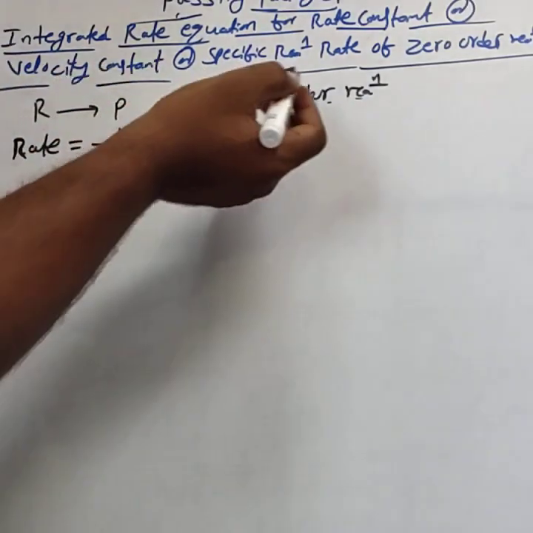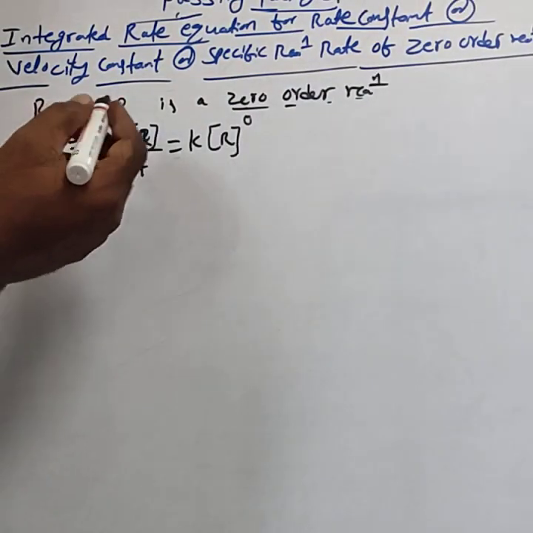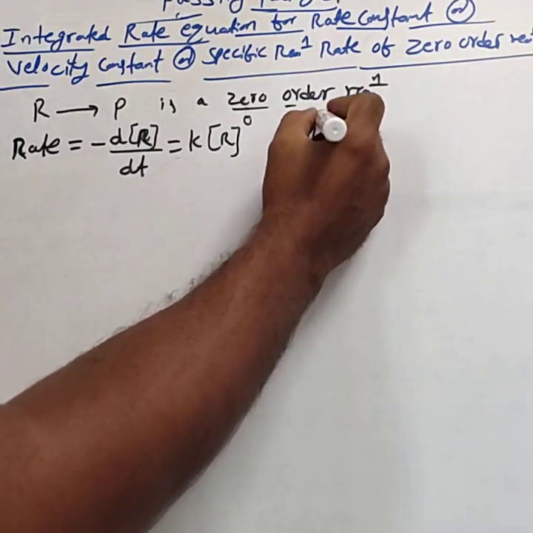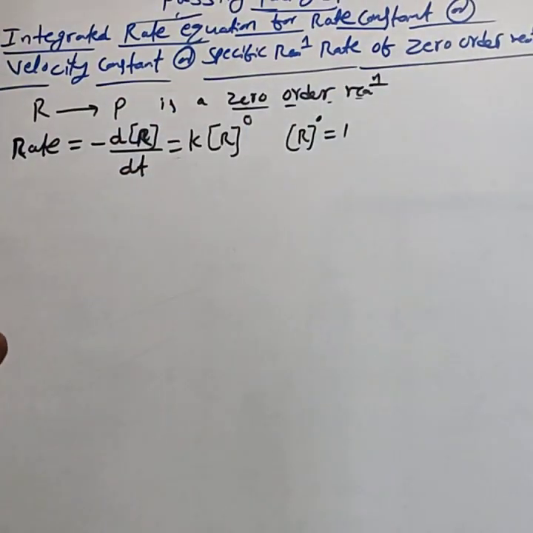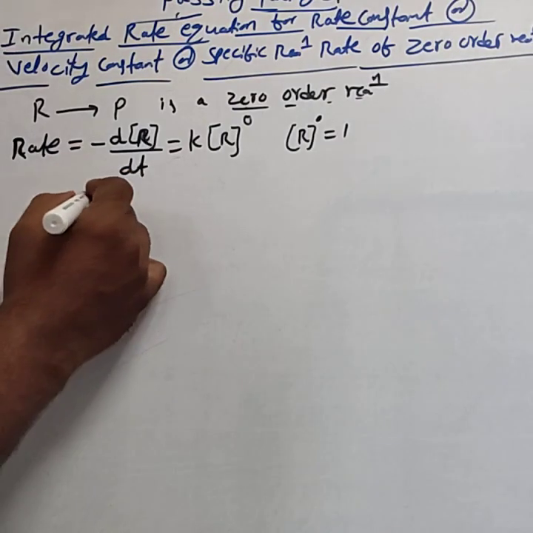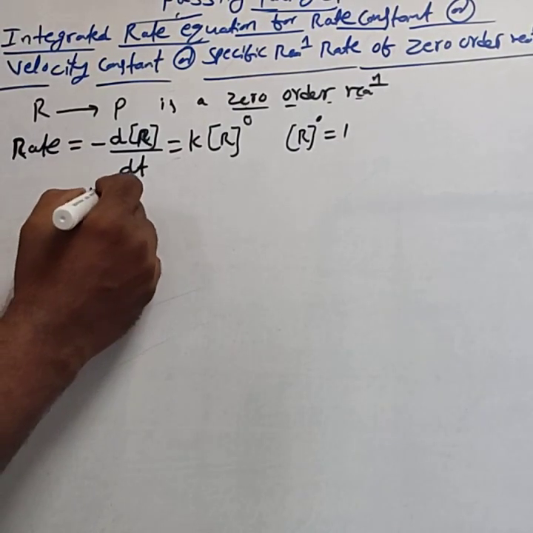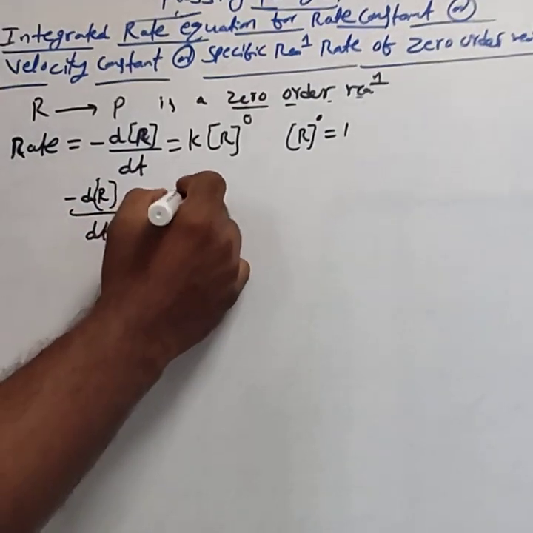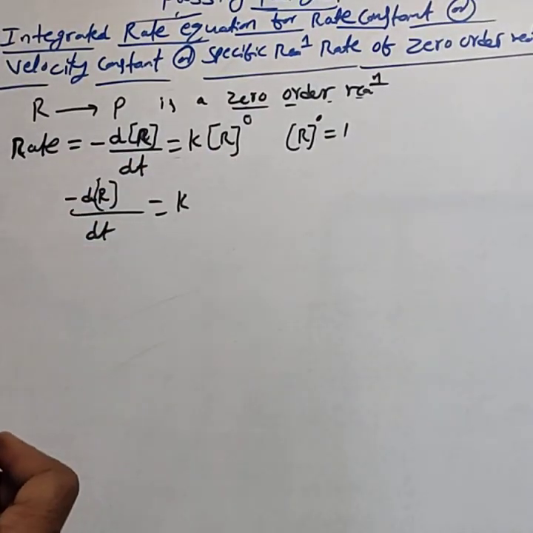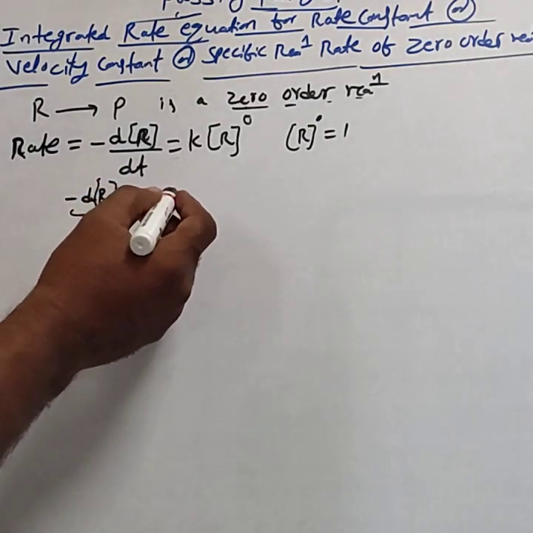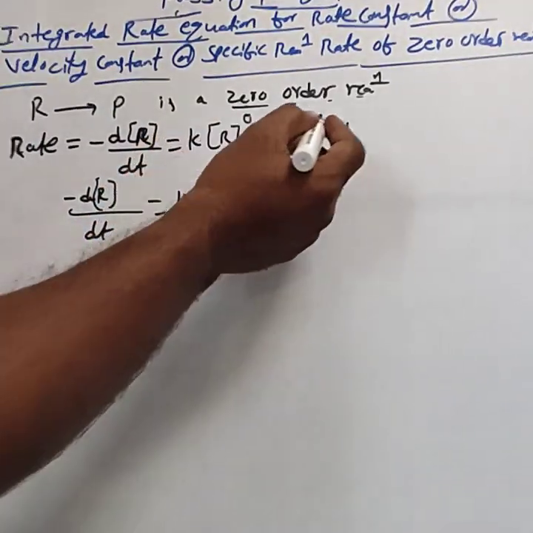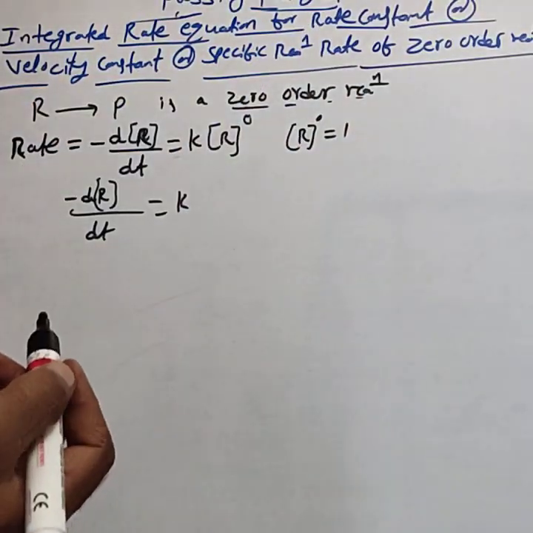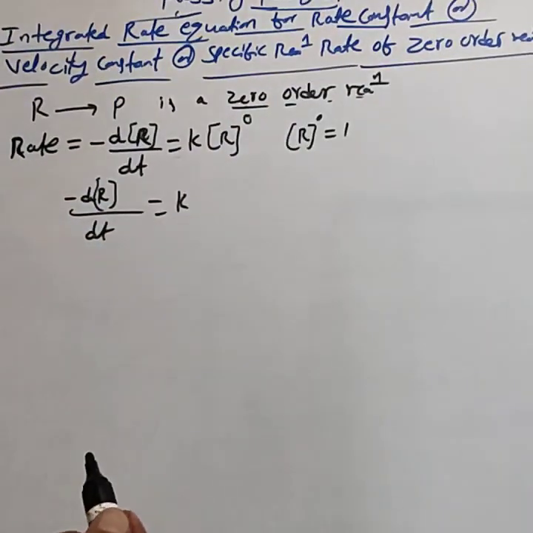If it is first order, then R power 1. We know that R power 0 value is equal to 1. Then minus dR by dt becomes equal to k, because anything raised to the power 0 is taken as unity.